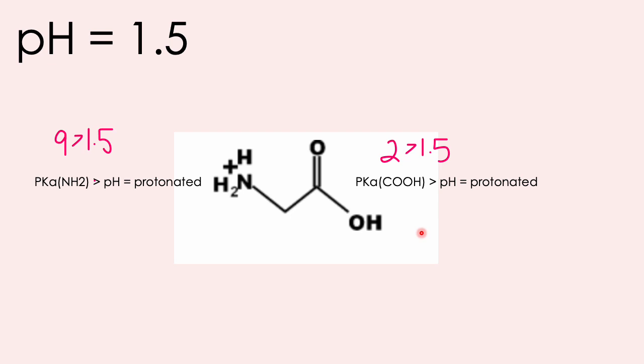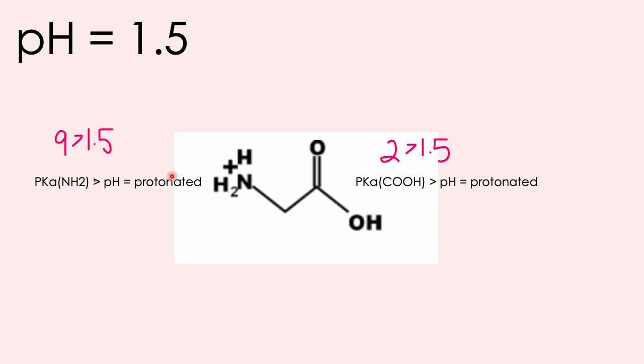In extremely acidic pHs, let's say for example a pH of 1.5, the carboxyl group here, which has a pKa of 2, we have a situation in which the pH is less than the pKa. The pKa is 2 and the pH is 1.5. As we talked about on the previous slide, this is going to mean that our carboxyl group is protonated. So here we have a charge of 0 because we have a proton right here.